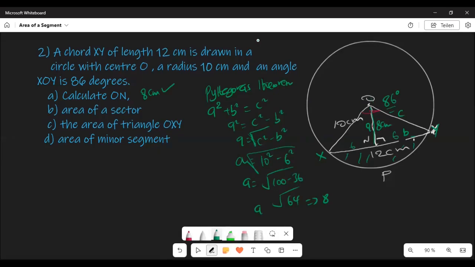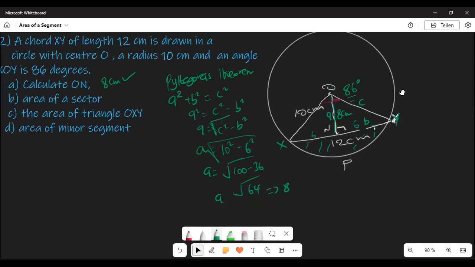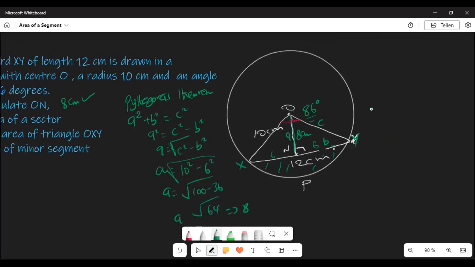Next, they're asking us to find the area of the sector. To get the area of a sector is not difficult. You get that by saying theta over 360 pi r squared.